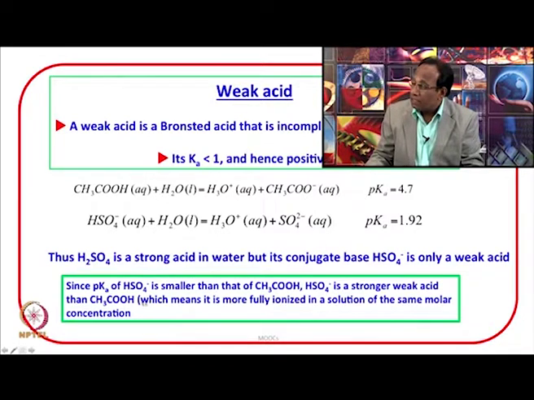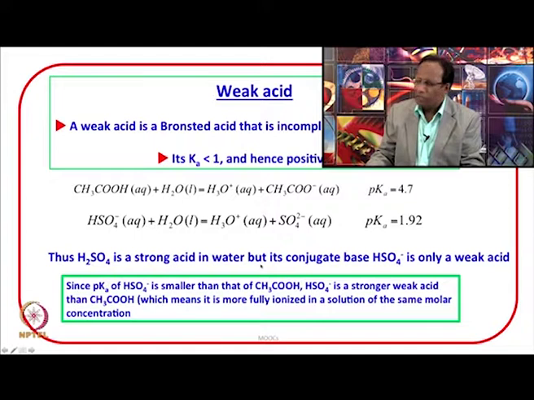This means that HSO4 minus is more fully ionized in a solution at the same molar concentration. In other words, if you take an equimolar solution of HSO4 minus and acetic acid, then the ionization will be more in HSO4 minus compared to that in acetic acid.